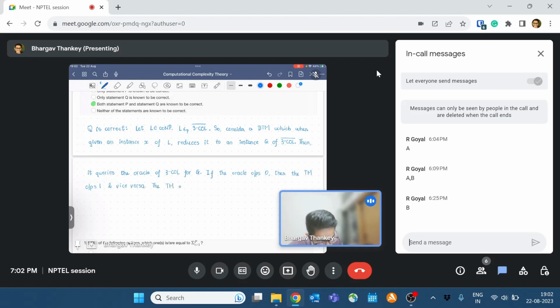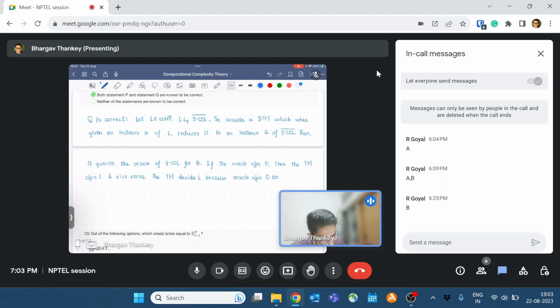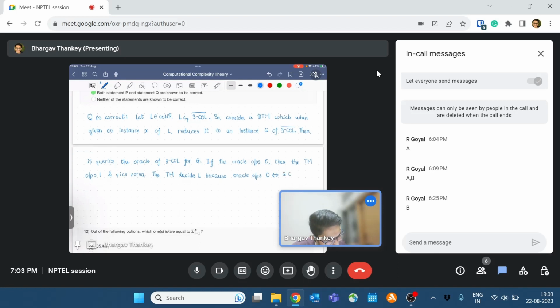The TM decides L because the oracle outputs zero if and only if G is not in three color, which is true if and only if G is in three color complement, and this means that X is in L. So when the oracle outputs 0 if and only if X is in L, the Turing machine outputs 1. So the Turing machine decides L. Is this fine? Yes, yes.